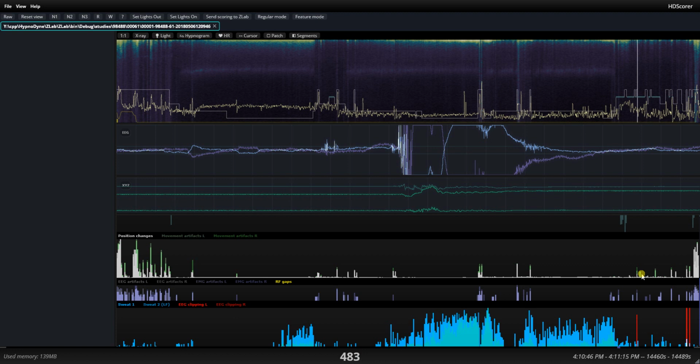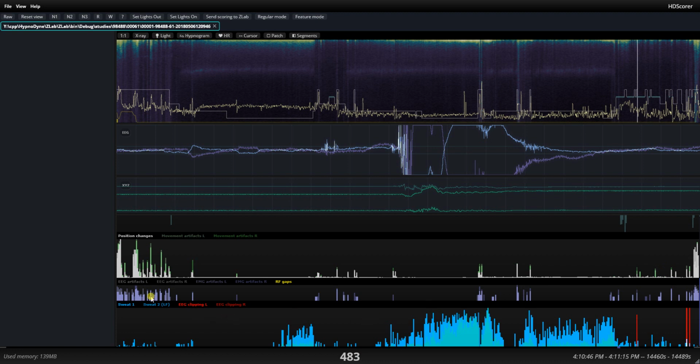By the way, what I mean with position changes is change in the orientation of the head worn sensor, which most likely corresponds to a change in the sleeping position. But I was saying, if somebody's sleeping with their spouse, you will see a lot of these green ones without the white, which means it's not them moving, it's just the mattress bouncing them around.